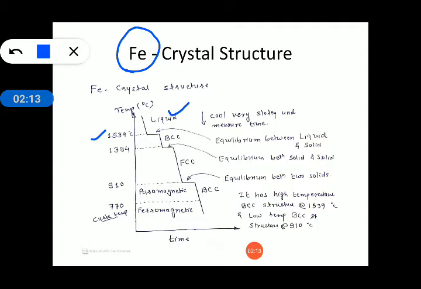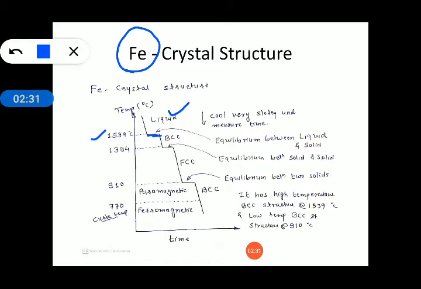Then if you cool it down very slowly, it comes to 1539 degree centigrade. At this stage, a step is created. This is the step.